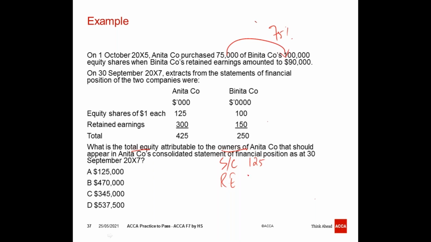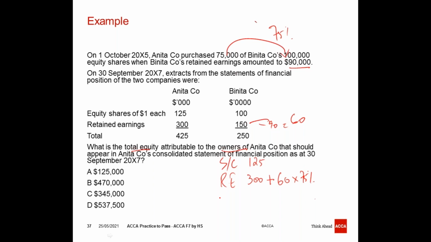For the subsidiary company, we take the retained earnings of the parent in full, and for the subsidiary, we will take the post-acquisition retained earnings, which was previously at the acquisition having a value of 90. So the retained earnings has grown from 90 to 150. So there is a post-acquisition profit of 60. And out of this 60, our share of profit is 75%.